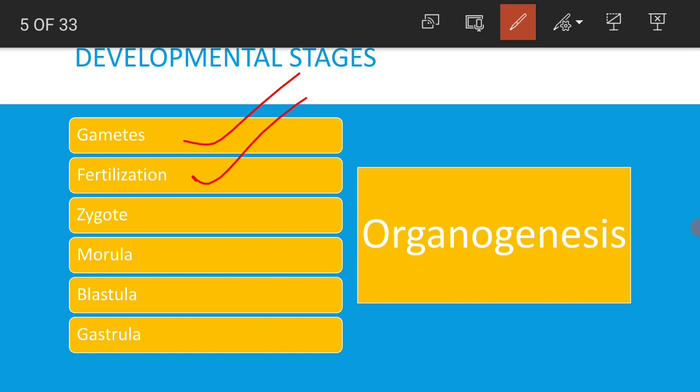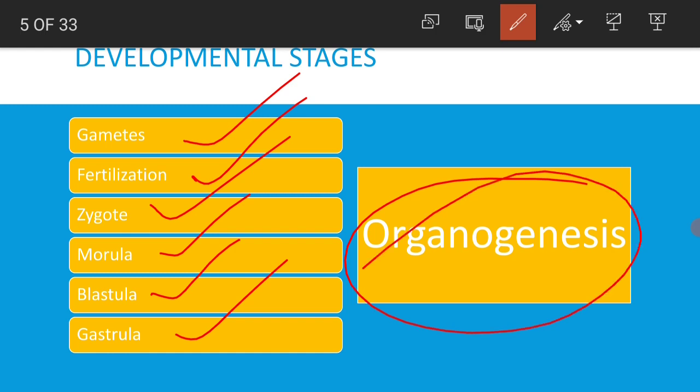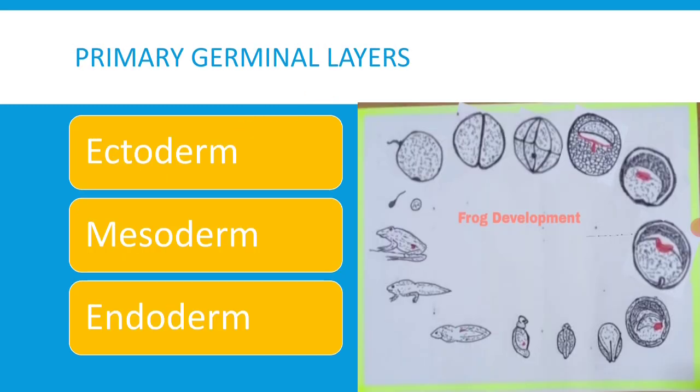And due to fertilization, a single cellular structure, unicellular structure, namely zygote is formed, and this zygote undergoes cleavage. And subsequently, morula stage, blastula stage and gastrula stage are formed, followed by the organogenesis. Development of different organ systems is called organogenesis.